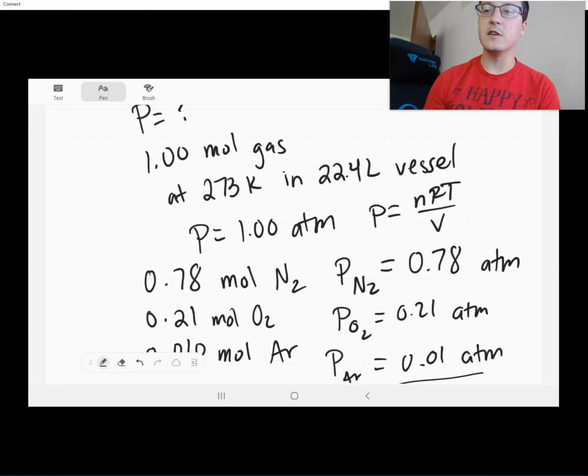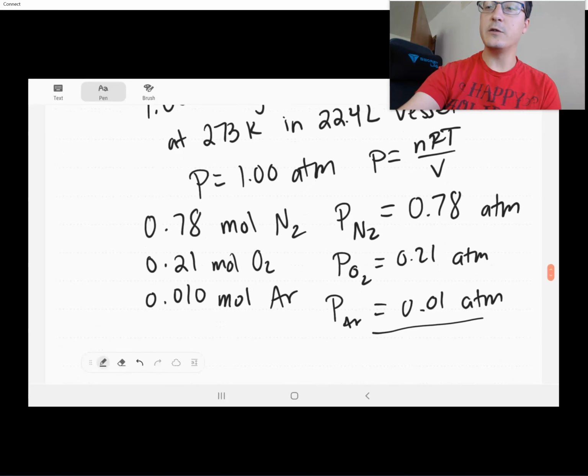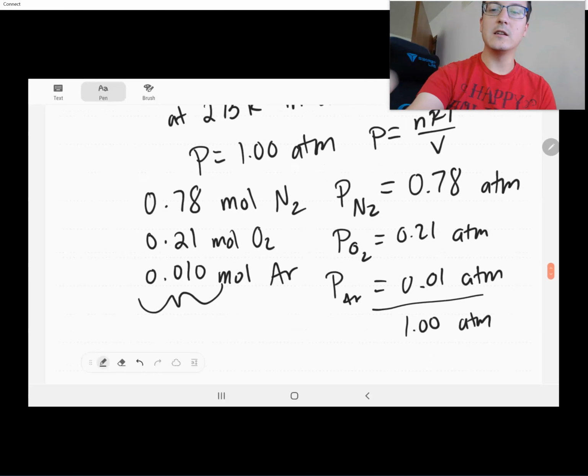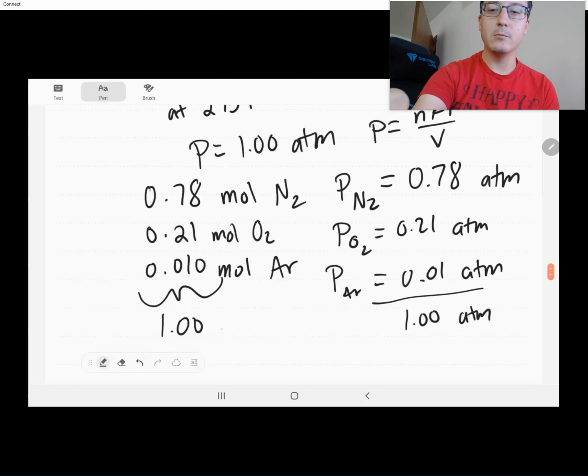So you're going to use those numbers to calculate these. Okay, so cool. If you see, we add these all up, we should get 1 atmosphere, because these also add up to 1 mole.